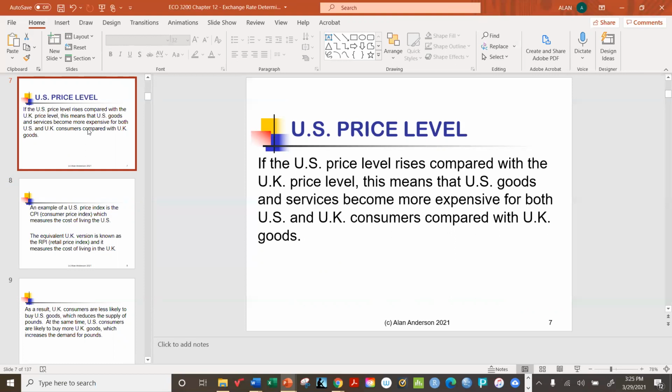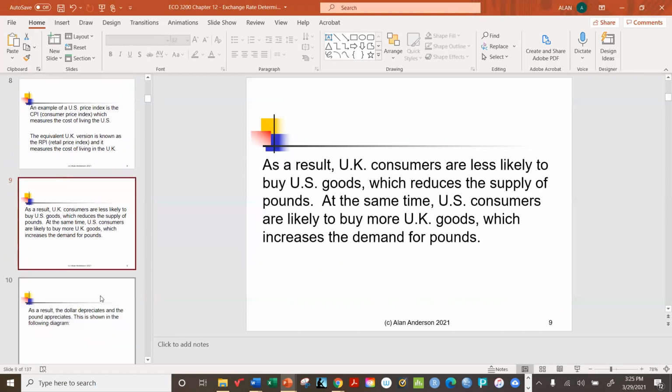So both American and British consumers are likely to buy more British goods. What does that have to do with our model here? So UK consumers are less likely to buy American goods, which means the supply of pounds to the United States is going down.